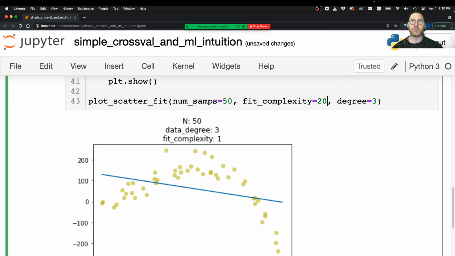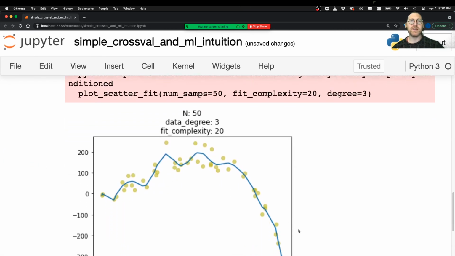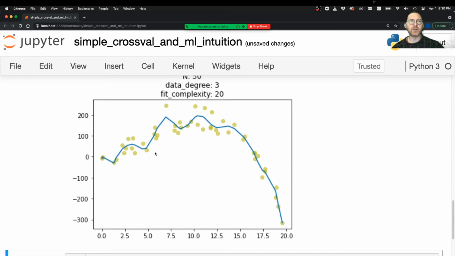Here we've got this fit complexity of 1. Let's go back up to a fit complexity of 20. And what we can see here is that this model gets it wrong in quite a different way. It's just trying to connect the dots. We might say that this model is very flexible, but we also might say that this has high variance, okay?